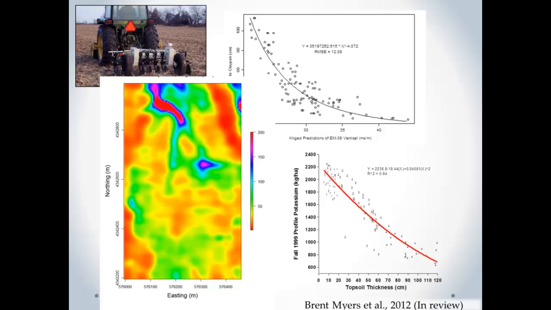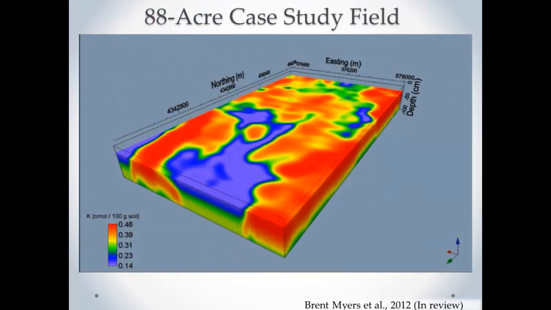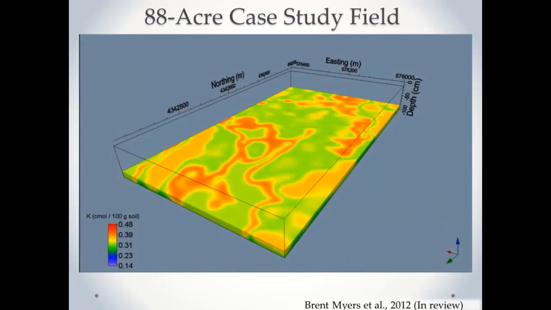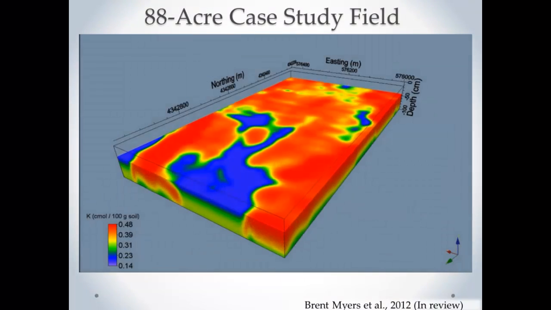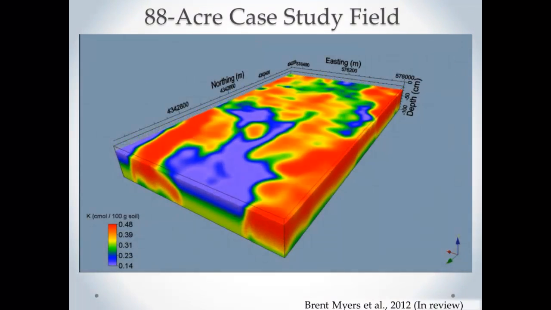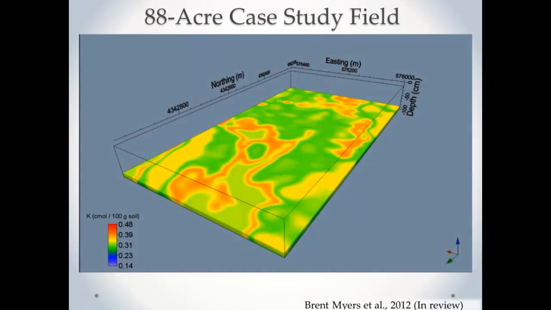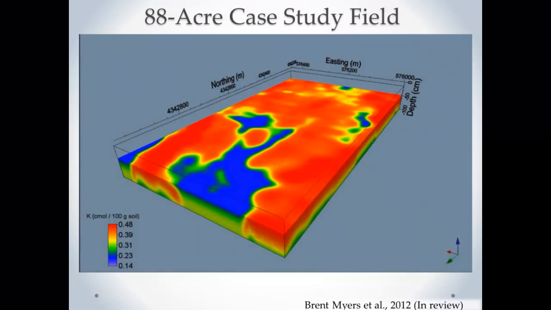What's even a little more interesting is to put this into an animated model to show where that potassium is in the profile, with the blue being shallower amounts of potassium and the red being higher levels of potassium in the profile.